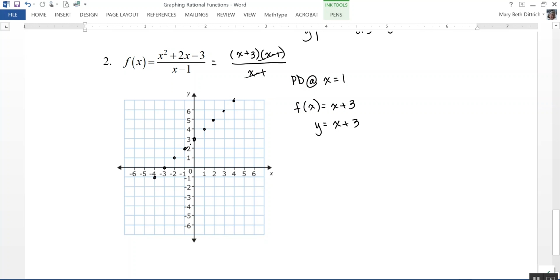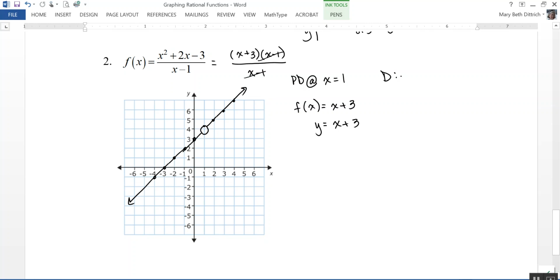Okay, but one thing I do have to take into account, so that's not my complete rational function. Notice I have a point of discontinuity at x equals 1. So that means I need to get rid of this right here. And I'm going to actually have a hole in the graph right here at x equals 1. And it's going to look like that.